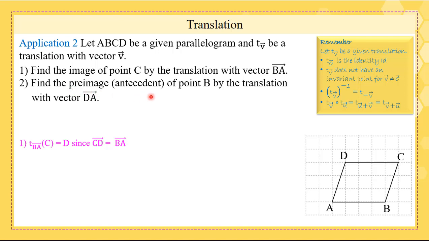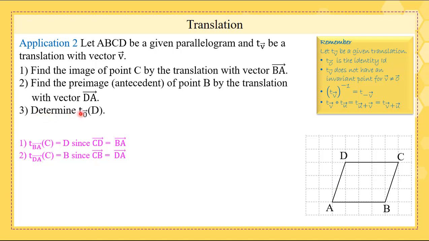Find the pre-image (antecedent) of the point B by the translation with vector DA. Try to do it. Now since CB vector is equal to DA vector, then B is the image of the point C by the vector DA. In this case, C is the pre-image of the point B by vector DA.